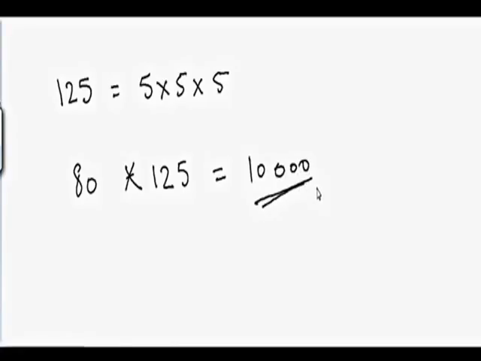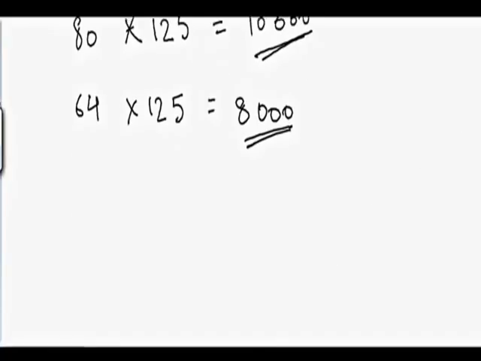So again, let's take another example. If I have 64, so as we know that 8 into 8 is 64. So in this case, if I multiply by 125, that will be equal to 8, because we divided 64 by 8 and then put 000 in the end, so it will be 8,000.